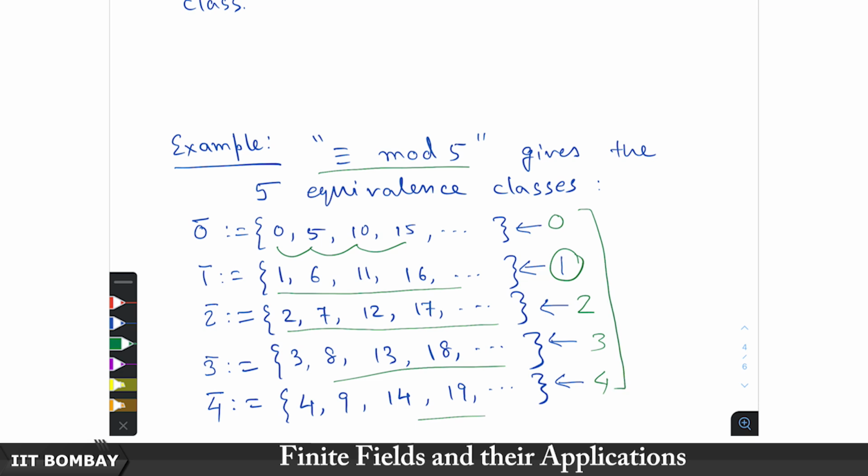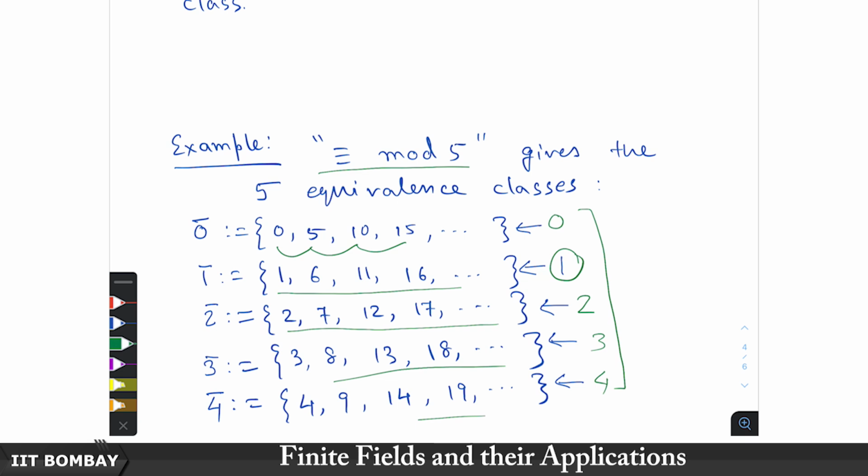Okay. So, you get 5 different equivalence classes, and there is clearly no intersection, because one integer cannot give 2 different remainders when you divide it by 5, there is a unique remainder. So, every natural number belongs to exactly one of these sets.